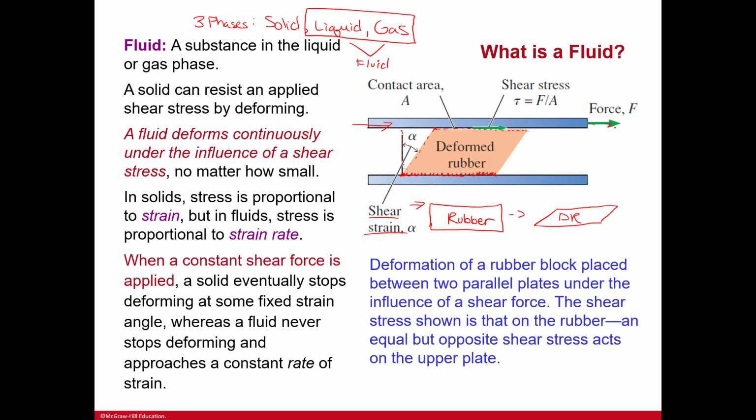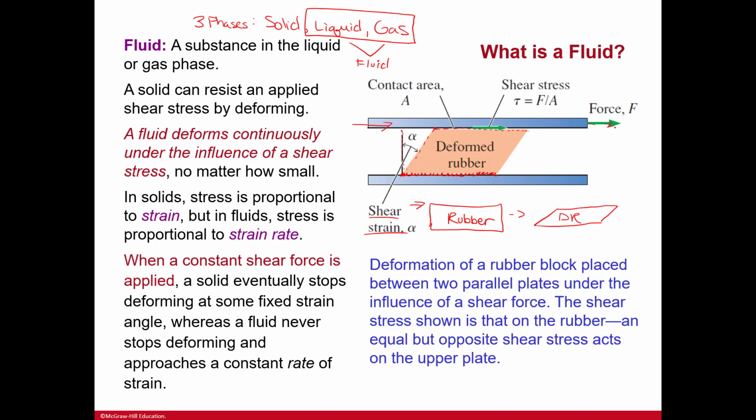But in the fluids, the stress is proportional to the strain rate, okay? And that is because the fluid deforms continuously. When a constant shear force is applied, a solid eventually stops deforming at some fixed strain angle, whereas a fluid will never stop deforming and approaches a constant rate of strain.